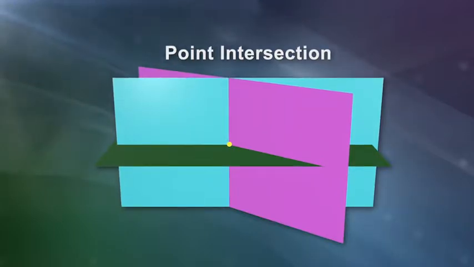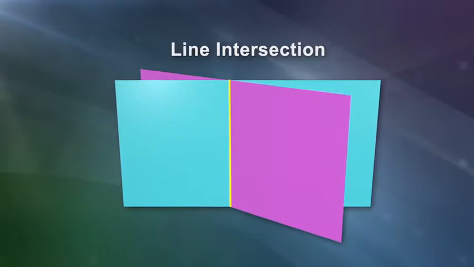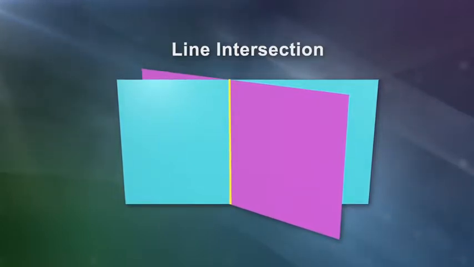However, there are degenerate cases. If all three planes happen to be identical, then the intersection will be that entire plane. You'll get a whole plane of solutions. That's infinitely many solutions. Every point in that plane will satisfy all three equations. But if two of the planes from these three equations are identical, the third plane may cut this plane in a line.